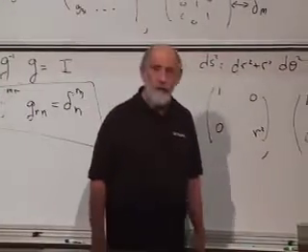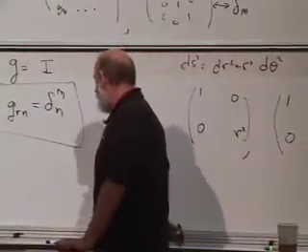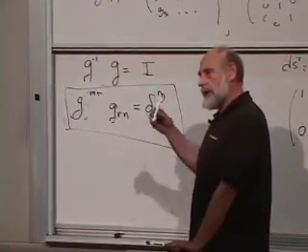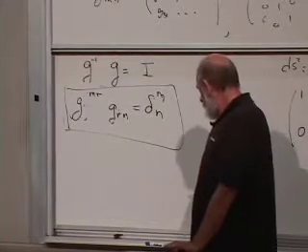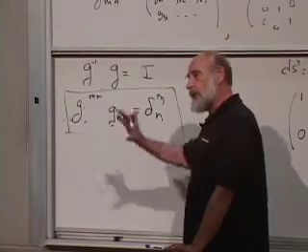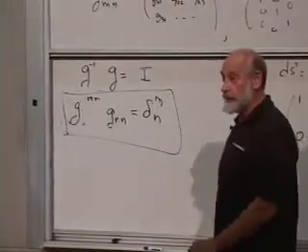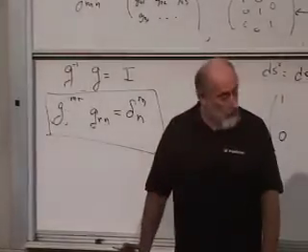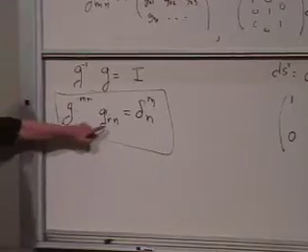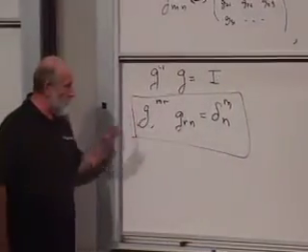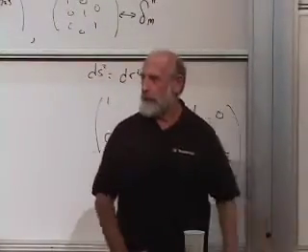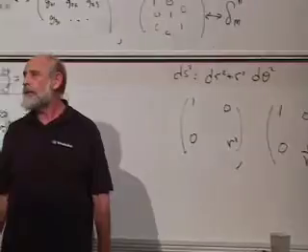It follows from the fact that G is symmetric, and that there are no directions in which the vector has no length at all. There are no zero eigenvalues of the metric. Right, but that's a good question. It's a fair question. Let's just take it as a rule that the metric tensor always has an inverse. And I'll come back to it. I'll prove it for you another day. I hadn't thought about it, but it's an easy thing to prove.